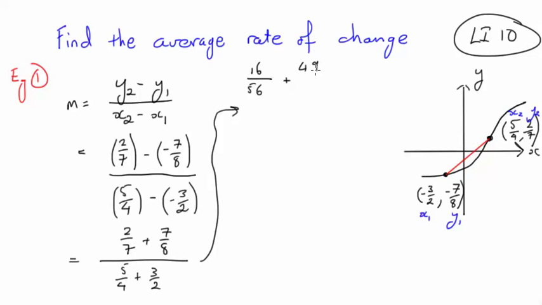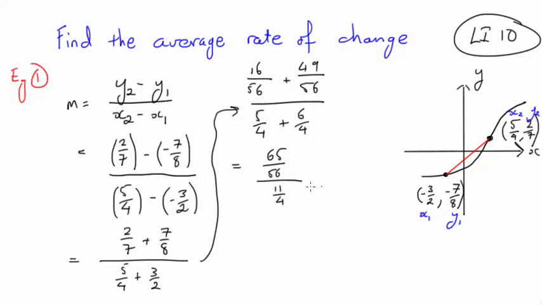So we get 49 on 56 over 5 on 4, and I'm going to multiply the top and bottom here by 2. So we get 6 on 4. That equals 16 plus 49 is, what is that? 65 on 56 over 11 on 4.